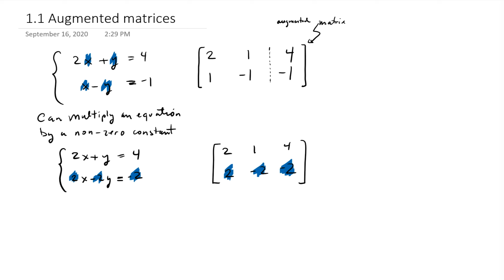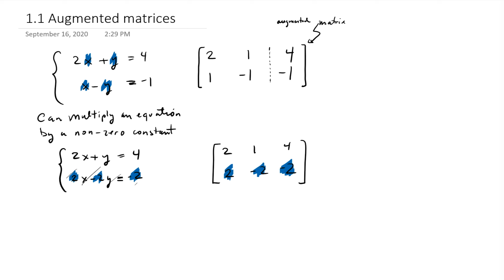Why is it a non-zero constant? It's because if I multiply throughout by 0, I'm going to get 0x plus 0y equals 0. So this is meaningless in the sense that all x, y are solutions to that. This is basically like erasing the second equation. It would be just like removing it completely, and if I remove it, it's going to change the solution set.